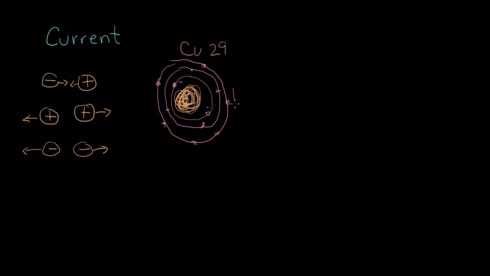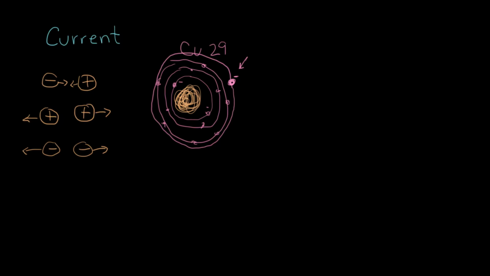And it turns out, just as a coincidence for copper, that the last orbital out here has just one electron in it. That guy right there. And that's the one that is the easiest to pull away from copper and have it go participate in conduction, in electric current.